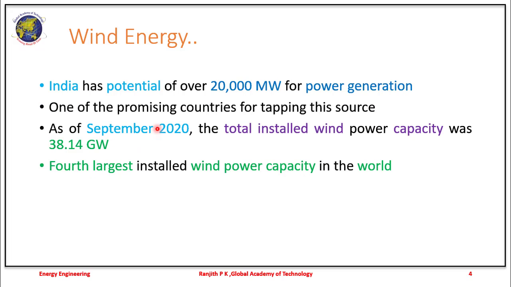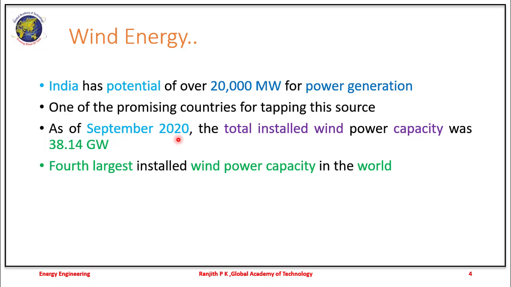If you look at the potential, India has a good potential for generation of wind energy. It is estimated that India can produce about 20,000 megawatts through wind energy, and due to its potential, it is one of the promising countries for tapping this resource, and our country has progressed in this direction.